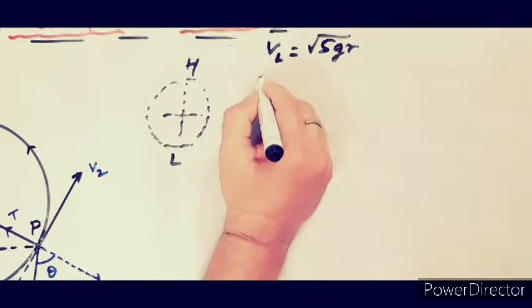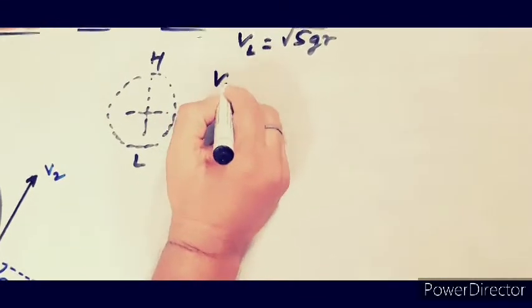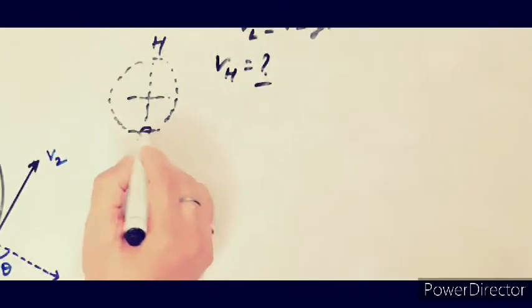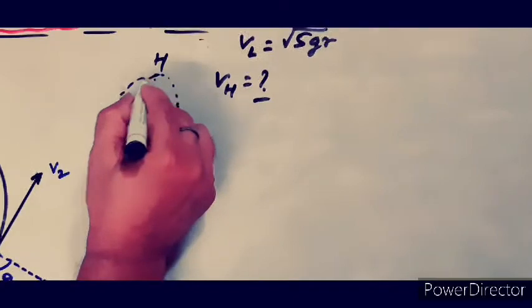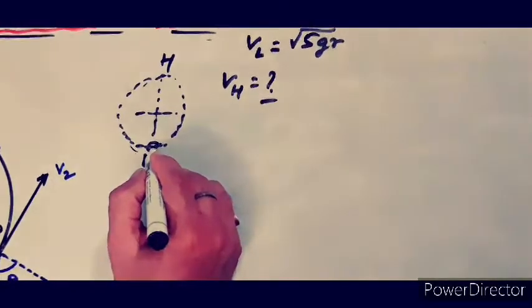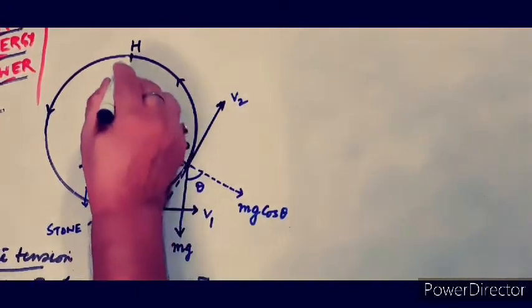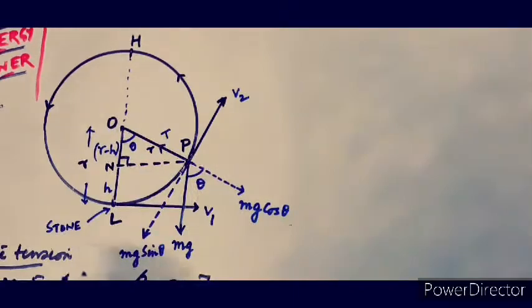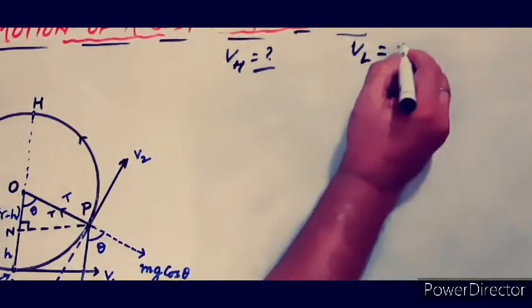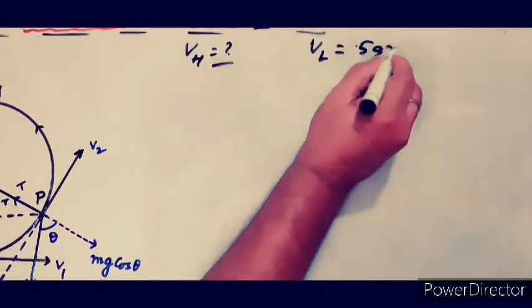Now our purpose or objective is to find the speed at the highest point also. Here the stone is moving from the lowest to the highest point. So lowest is the initial and highest is the final. Now our purpose is to find the speed at point H. We know VL is 5gr under root.